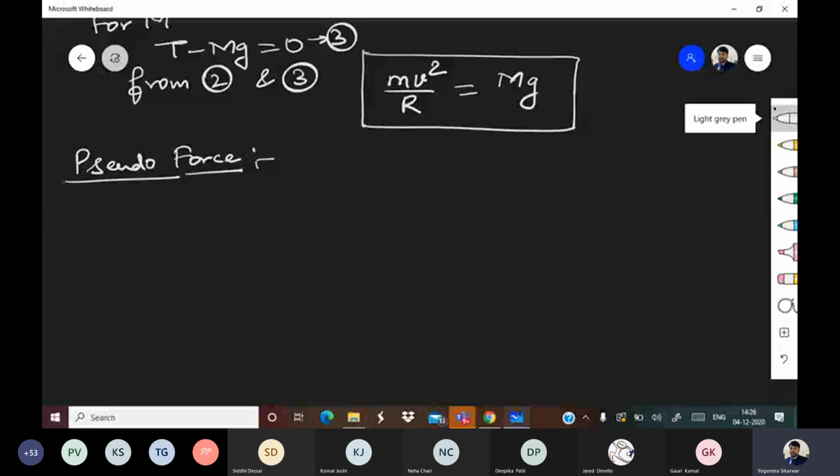So Newton said, "You can apply these laws, but these laws will be applicable only in inertial frame of reference." So Newton's laws, please note, are applicable only in inertial frame of reference.